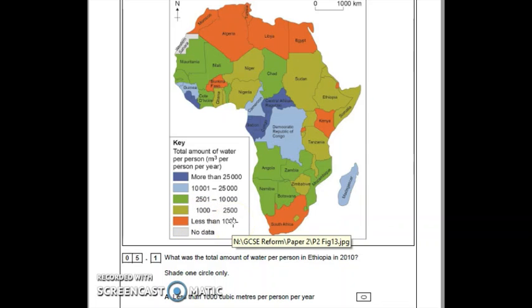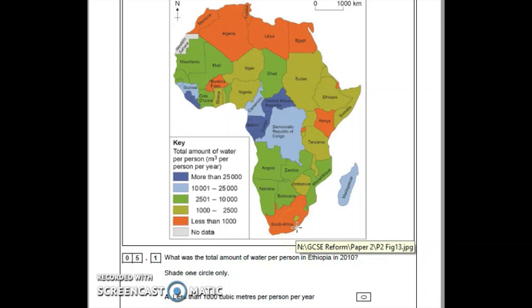So for instance, you could say the vast majority of these countries are found in the extreme north, such as Egypt, Algeria, Libya, and the extreme south in South Africa.